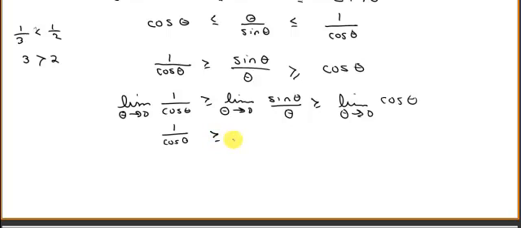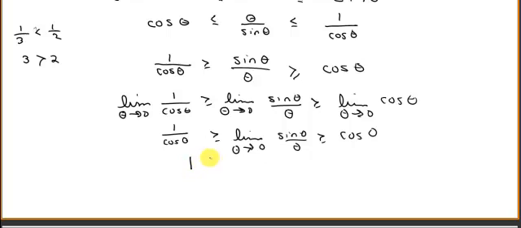is greater than or equal to this limit as theta approaches 0 of sine of theta over theta, is greater than or equal to cosine of 0. And the cosine of 0 is 1.